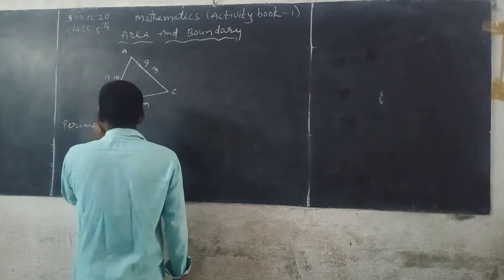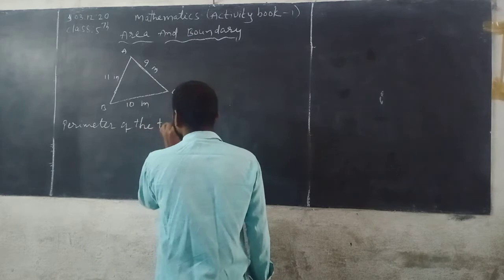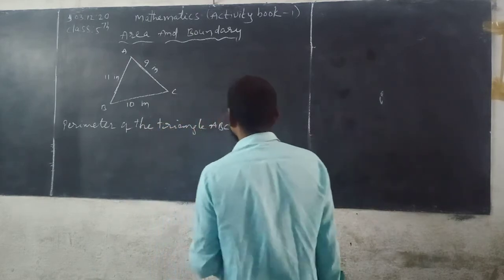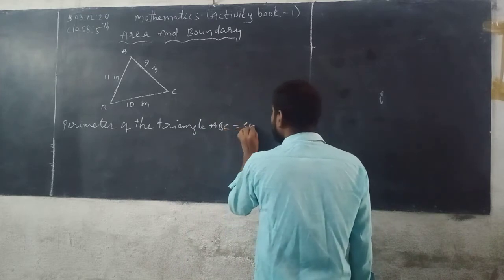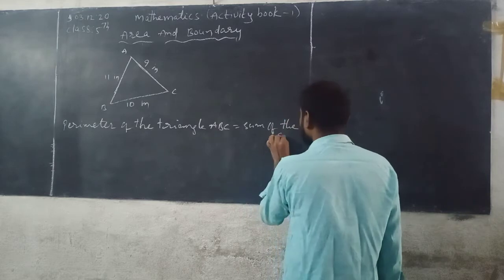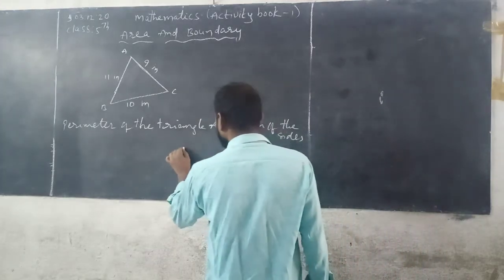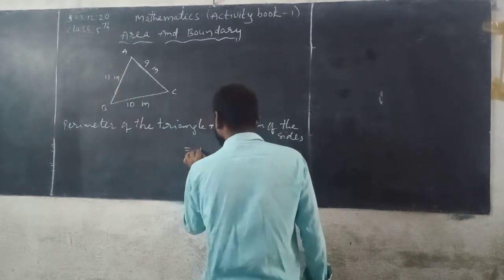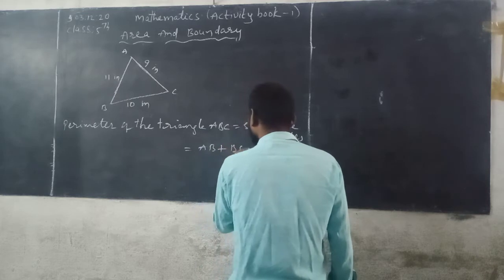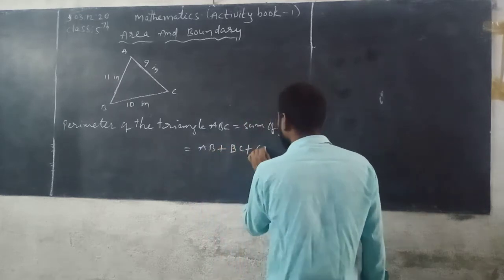Perimeter of the triangle ABC is equal to the sum of the sides. Sum of the sides means side AB plus BC plus CA.